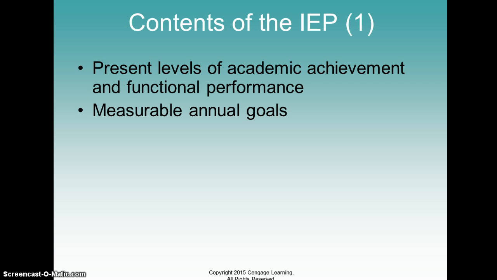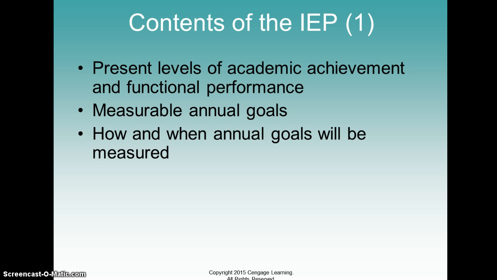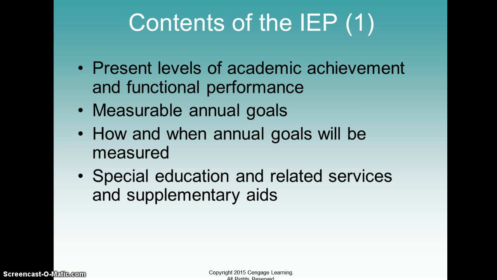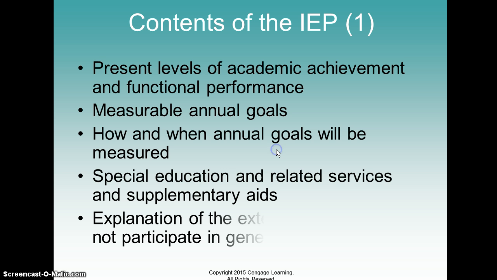Measurable annual goals, things that we can actually collect data on. How and when these goals will be measured. Special ed and related services and supplemental aids. What are we going to do to help this child meet these annual goals and have full access to the general ed curriculum?